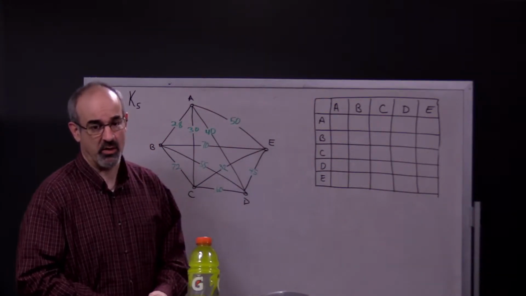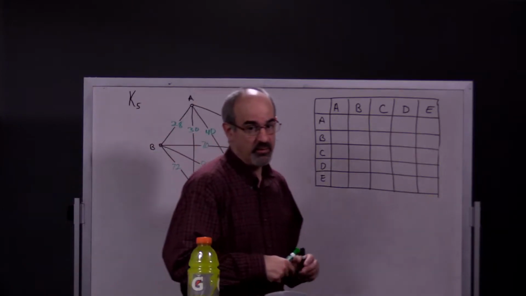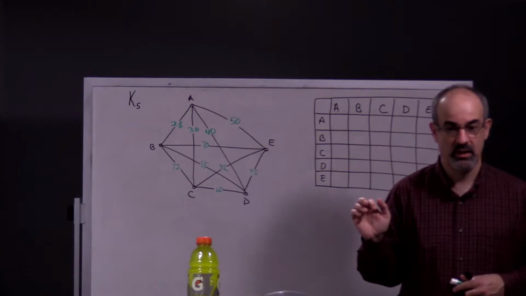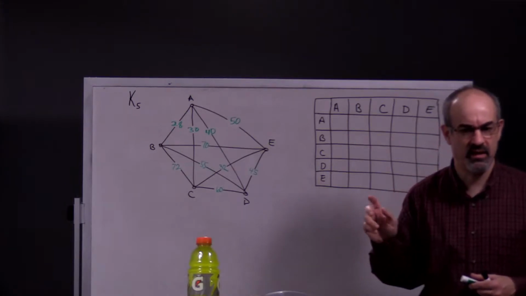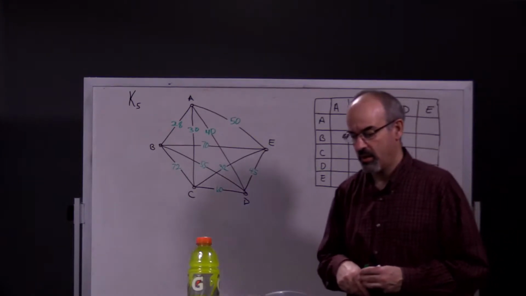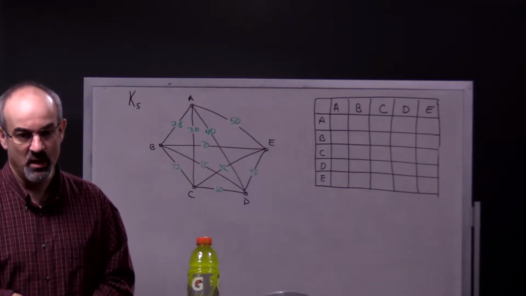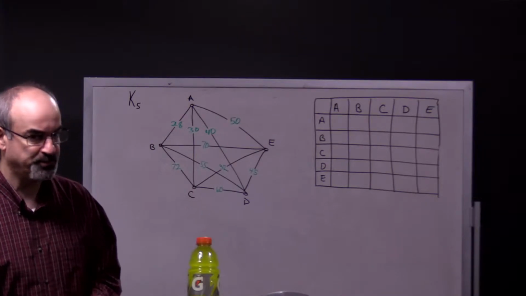And then in the next video, we won't have a graph, we'll just have a chart. And it will probably be for at least K6. I think I made up an example that has six vertices, but just uses a chart.